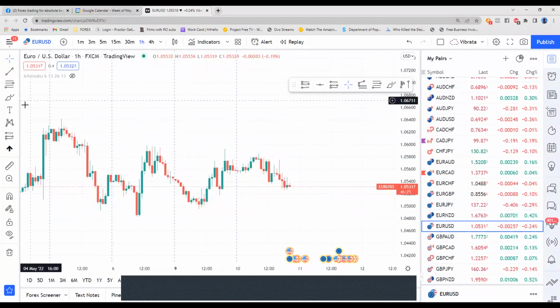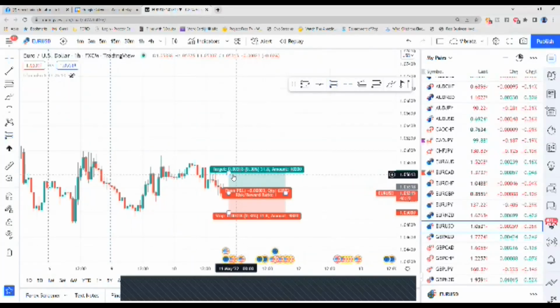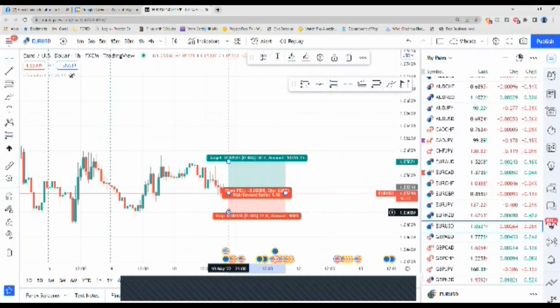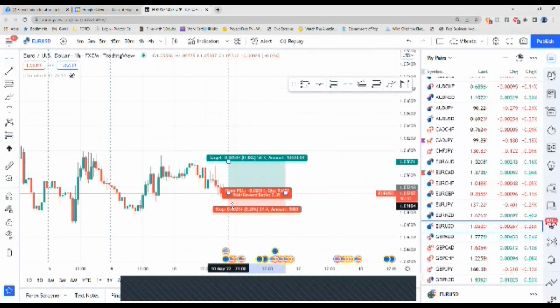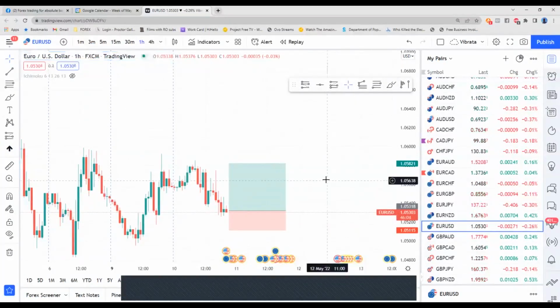So let's imagine that we have a trade like this. Now, TradingView helps you calculate things. So over here, I've just put in what's known as a buy position, a buy order.